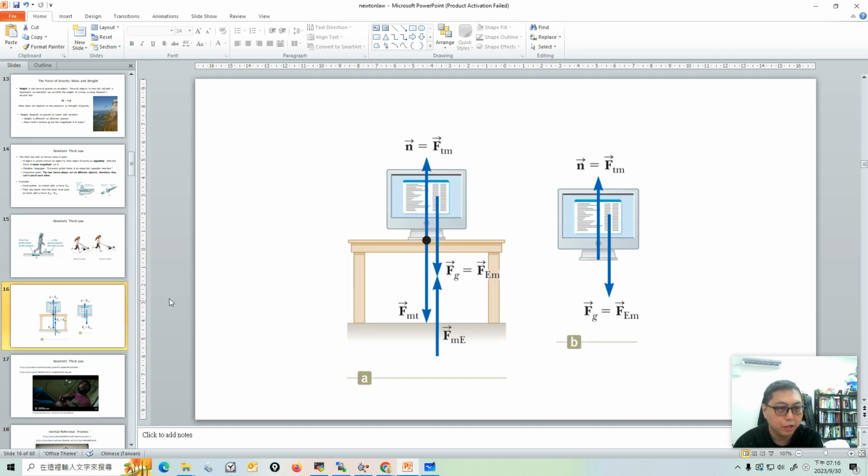That's already enough. Let's use another example for action and reaction, the third law force pairs.